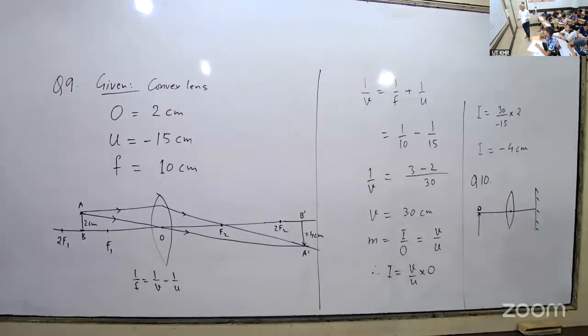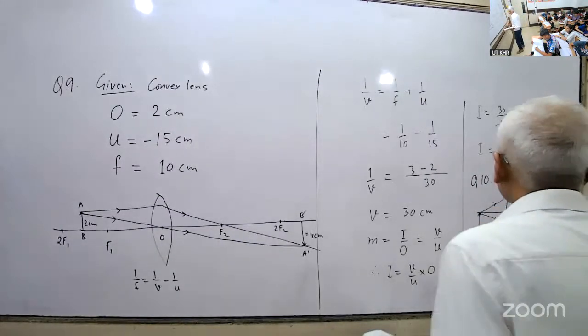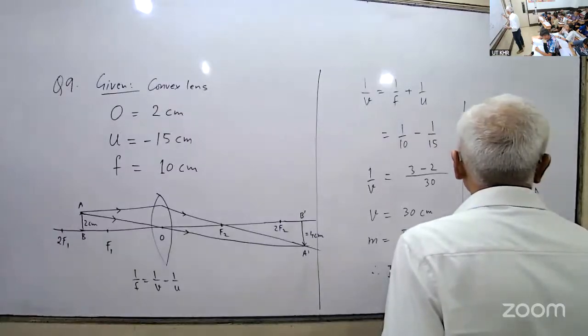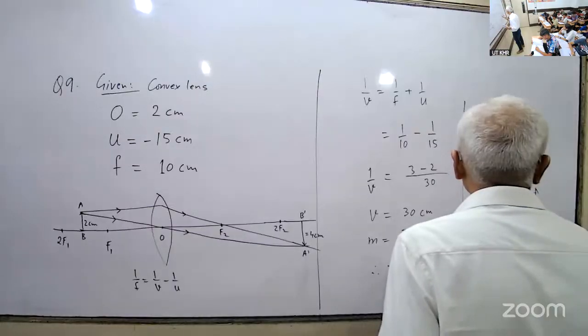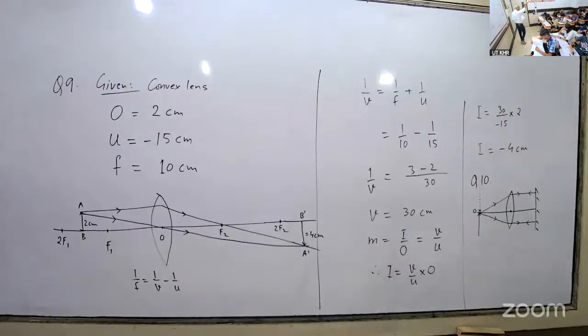Okay, you have to take two rays. When it falls on the mirror, it will fall normally, so it will be reflected back. So the image will be found here again. But how will the image be? It will be an inverted image. The image will be rolled down.